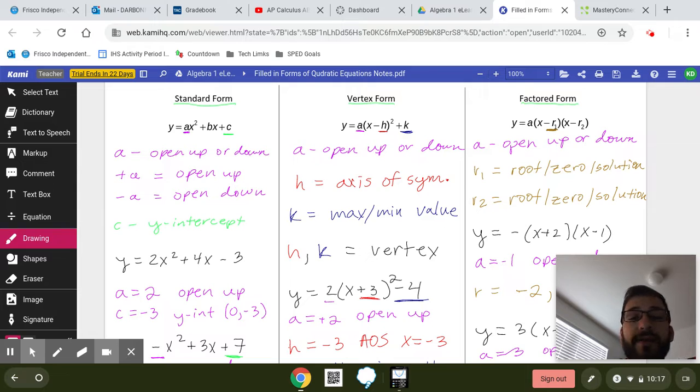So all of them we can use to determine if it opens up or down. We can always see that a value. Each of them, though, gives us a different key feature. Standard form gives us the y-intercept. Vertex form gives us the vertex, which we can then pull out the axis of symmetry and the max and min value. And then factored form gives us those roots, those solutions.